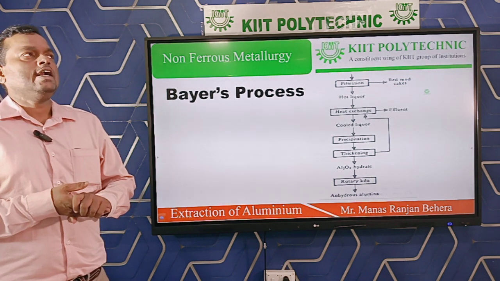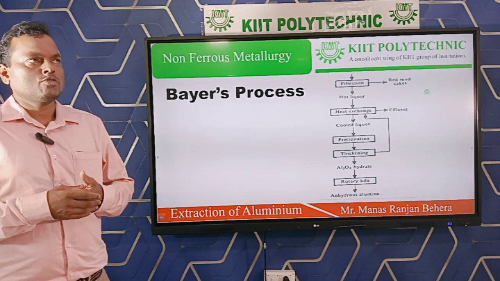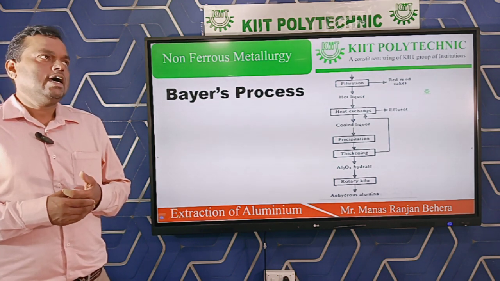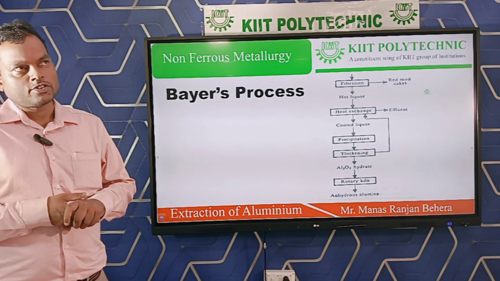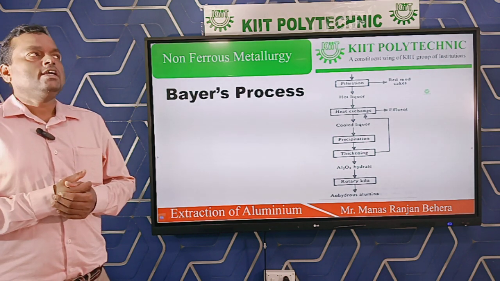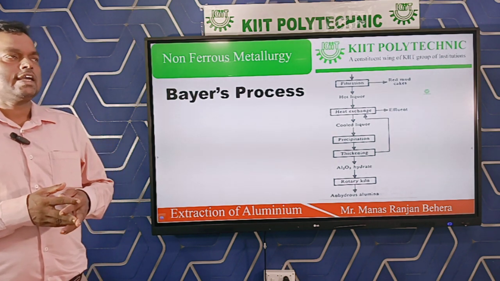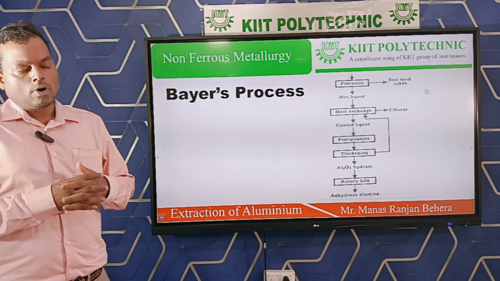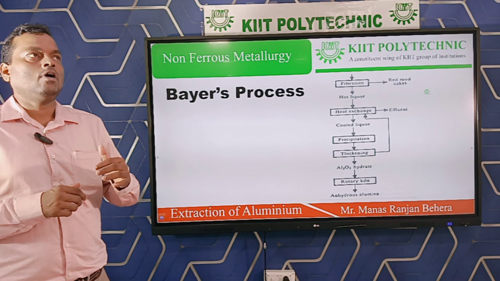The electrolyte consists of cryolite 30%, aluminum fluoride 36%, barium fluoride 18% and calcium fluoride 16%. This electrolyte forms the middle layer of the bath.